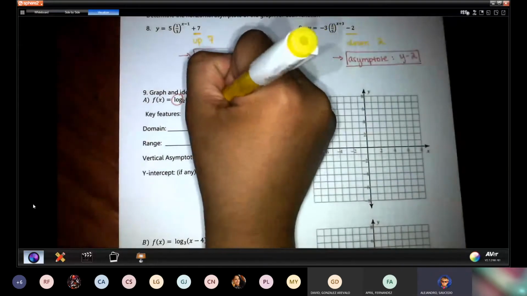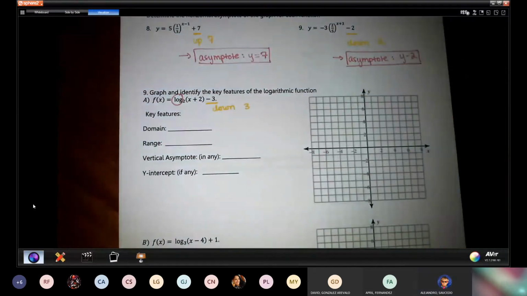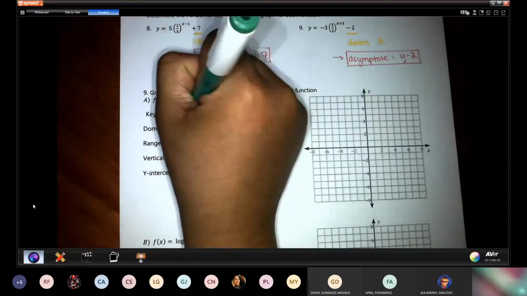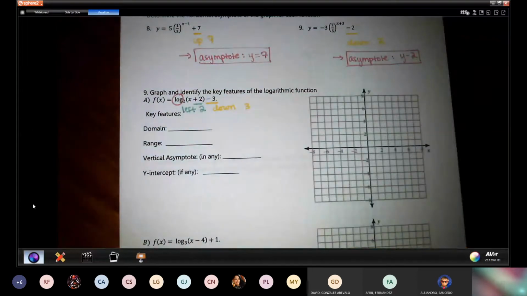April got there first, but yes. All right. And then this plus 2 means what? Because it's a logarithmic, we're not doing the same thing with asymptotes. It's okay. All right. Good. And this would be left 2. All right, good. So we've got that under control.